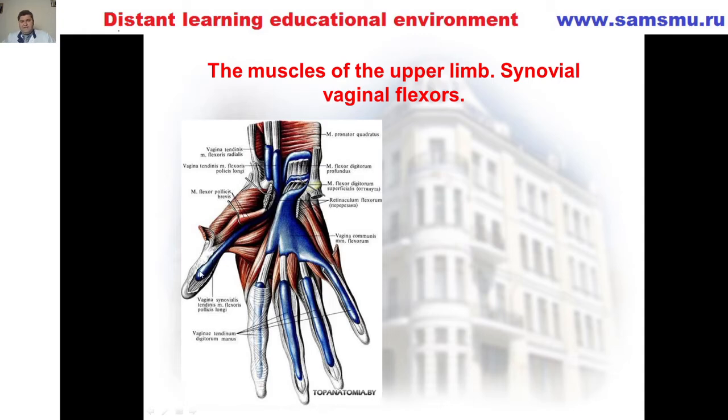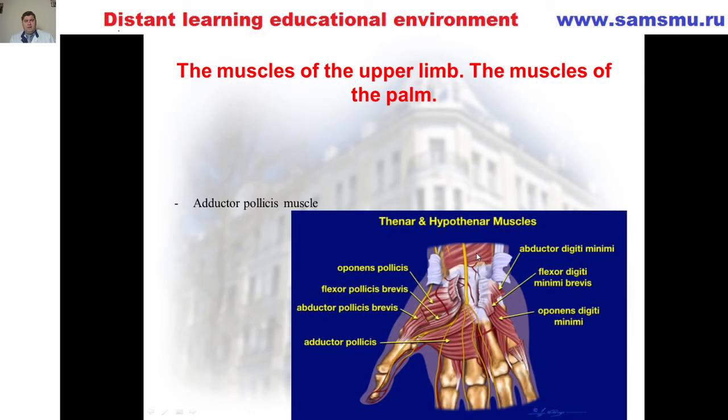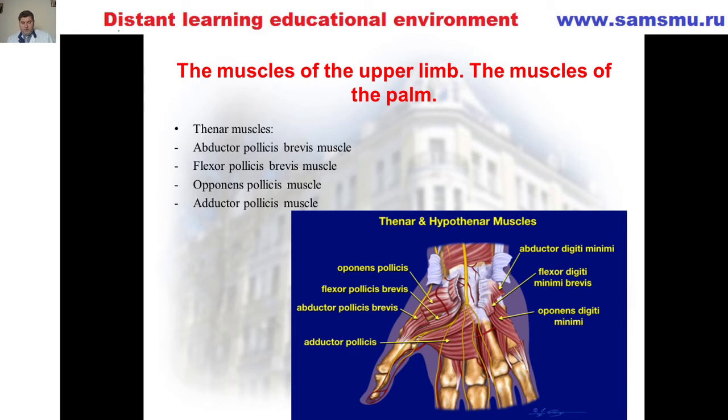And also you may see that the sheath of the tendons of the flexor of the thumb passes to the forearm too. And this is very important for treating phlegmons or abscesses of the wrist and hand. So next we'll talk about the muscles of the hand.